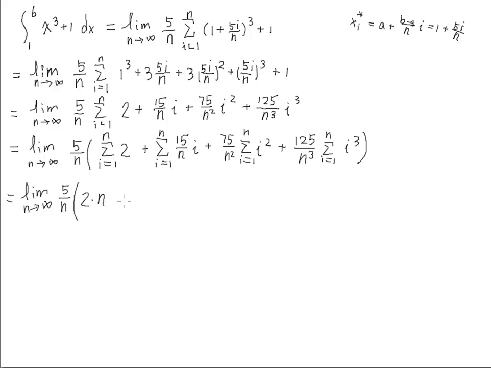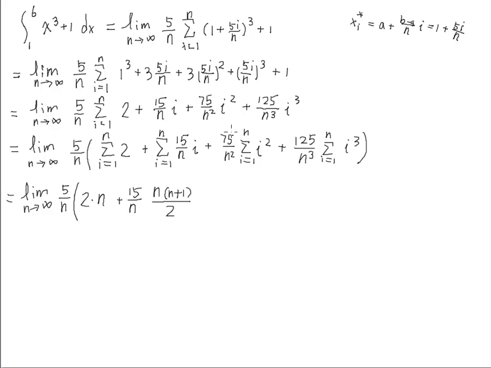Now by this one over here, we have 15 over n factored out. Now we have sigma i. That's the one we know. It's n plus 1 over 2. So this part is sigma i from 1 to n of i.